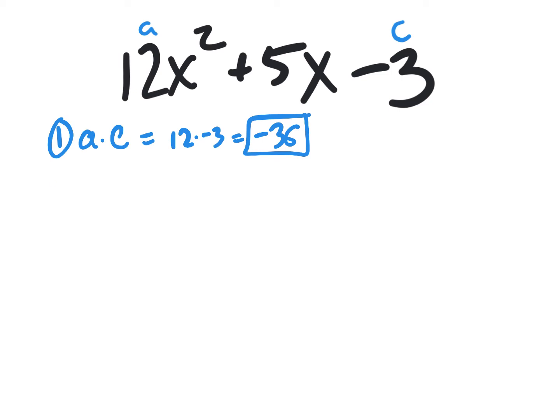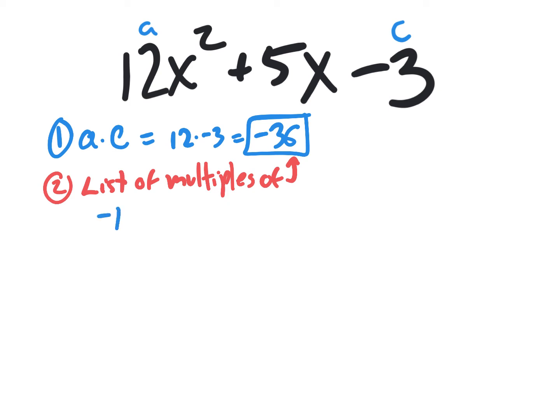And now step 2, and I want you guys to jot down some notes, especially if you don't remember. Step 2 is to make a list of multiples of this guy, right? Let's do a list of multiples of negative 36. So I'm going to start with negative 1. Negative 1 times 36. Negative 2 times what? 18.